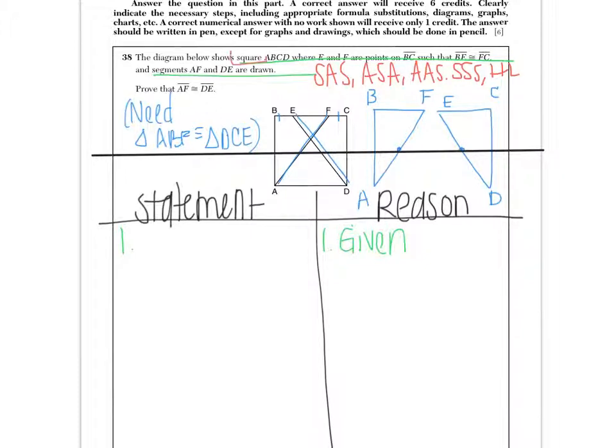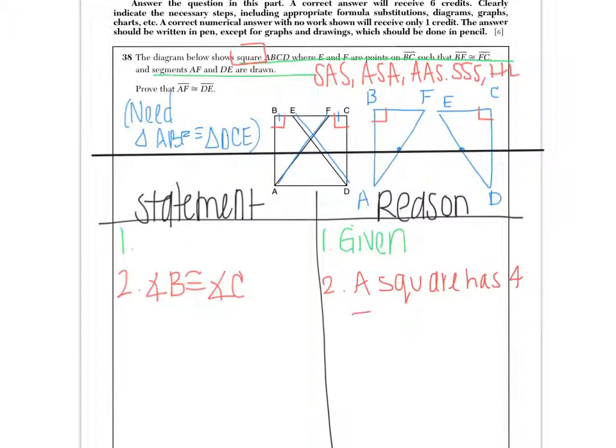So because of the fact that we have a square, we can actually state that angle B is congruent to angle C. And if you're looking at this, the square, of course, has right angles. So we're going to say a square has 4 congruent right angles. Okay, so that's one step.